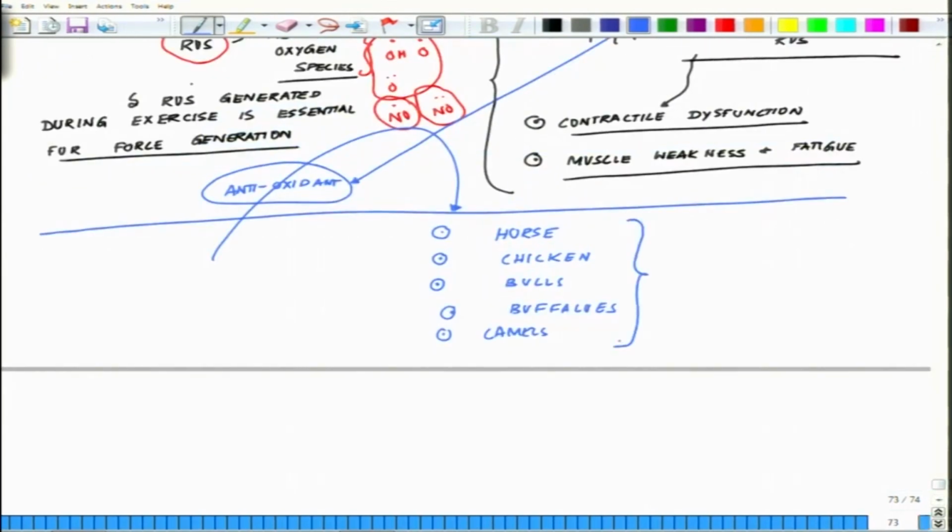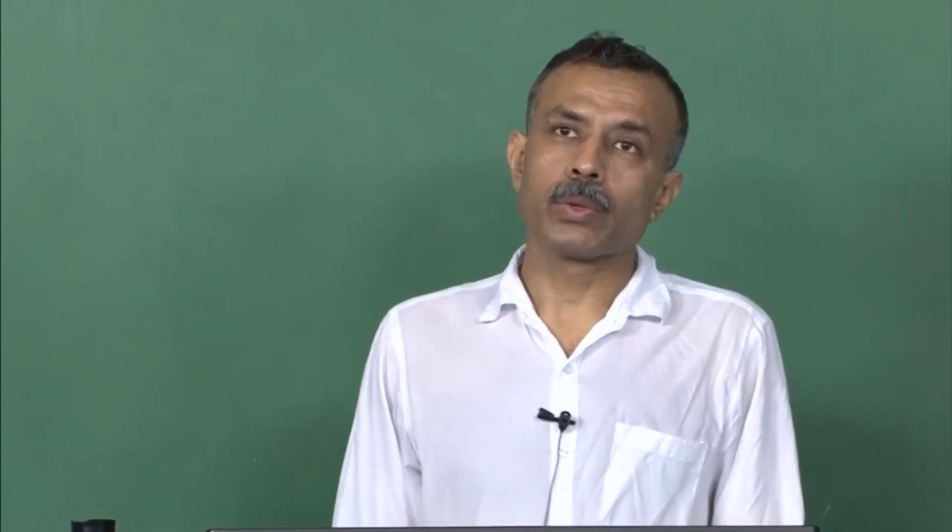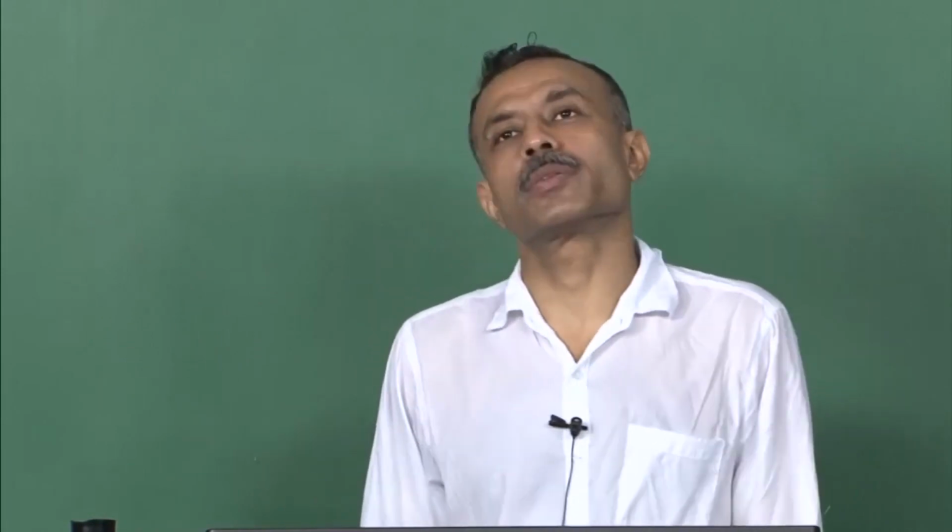So this is where there is huge amount of muscle movement involved. Whenever we talk about a lot of muscle movement, we are essentially talking about skeletal muscle movement. And skeletal muscle is the key part of the muscle which is consumed for meat production.